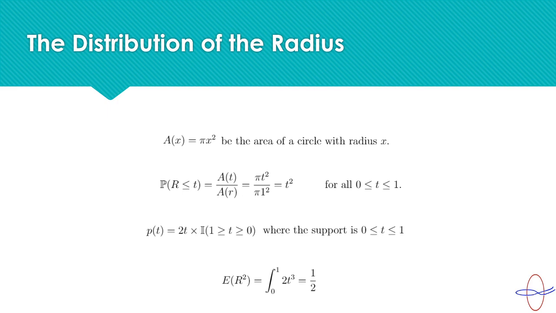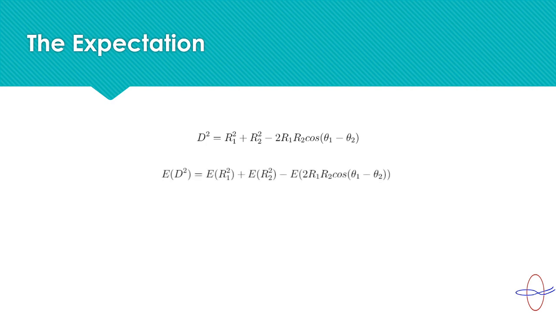Nice. So we have got the distribution of the radius at our disposal, and we have got the distribution of theta 1 and theta 2. So we are quite armed now to attack the problem and calculate the expectation. Let's go back to the cosine law. We got d square equal to r1 square plus r2 square minus 2 r1 r2 cos(theta 1 minus theta 2). Let's take the expectation and use the linearity of expectation. Now comes one of my favorite parts of probability: you have r1 and r2, two seemingly different random variables, but expectation gives a sort of invariance.